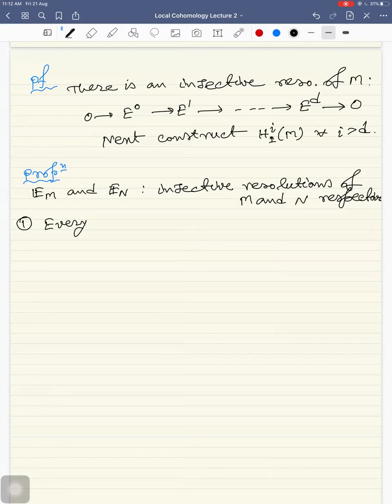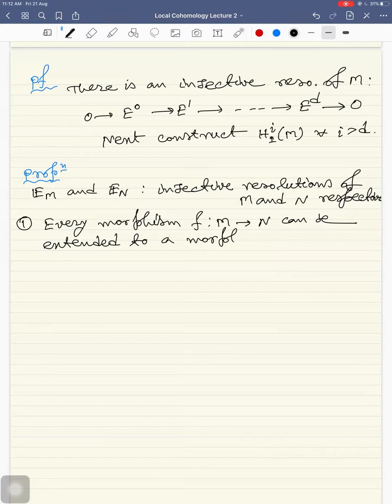Then for every morphism f from M to N, it can be extended to a cohomology map capital Phi from EM to EN.